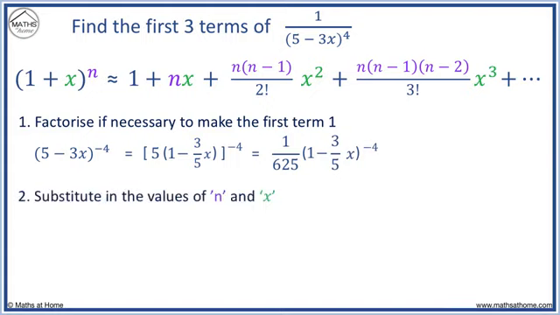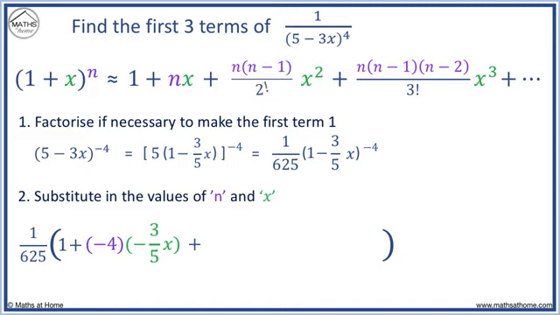Step 2. Our x is -3/5 x and our n is -4. Our expansion contains a 1/625 in front of it. We have 1, nx is -4 times -3/5 x.